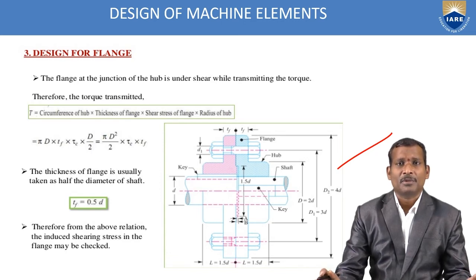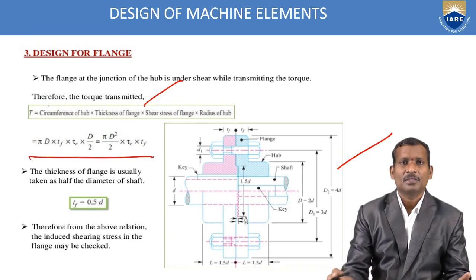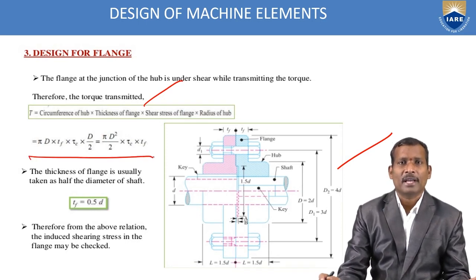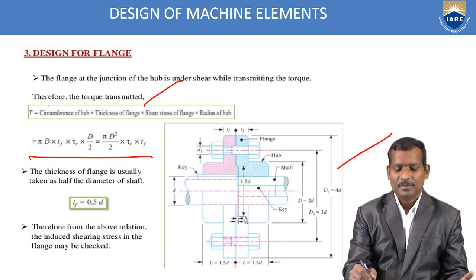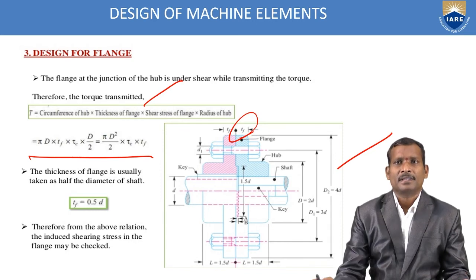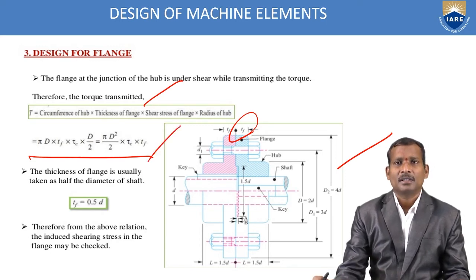The circumference of the hub multiplied with the thickness of the flange, the shear stress of the flange, and the radius of the hub. Here is shown the equation: the circumference of the hub is pi D, the thickness of the flange is tf as shown in the figure, the shear stress of the flange is tau c, and the radius of the hub. So this is the empirical relation for calculating T.